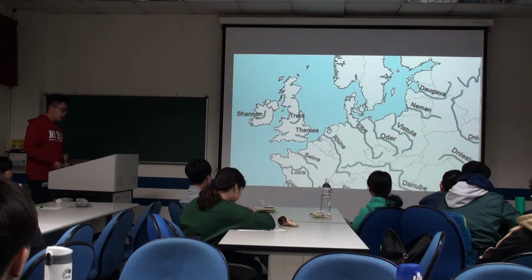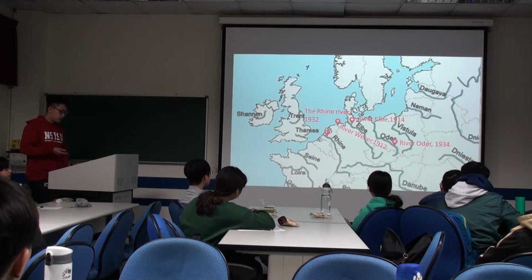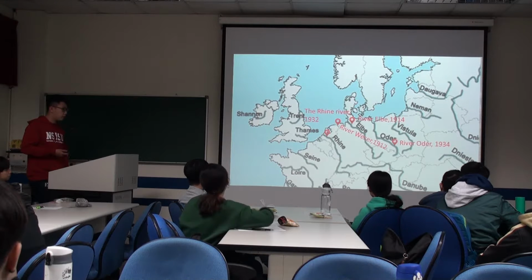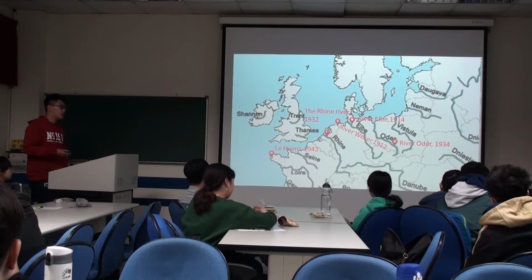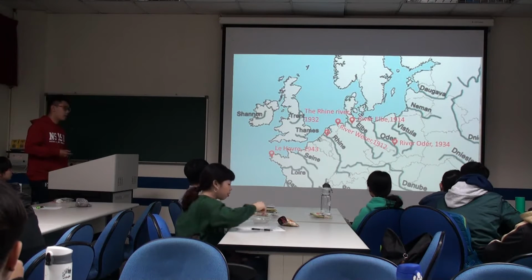Okay, I'm going to talk about the timeline. The crabs were found in Europe, and the first record is in River Weser in 1912, and in River Elbe in 1914. These two are the first found. The crabs were found in the Rhine River in 1932, and also River Oder in 1934, and in 1943 they were first found in France in Le Havre Harbor.